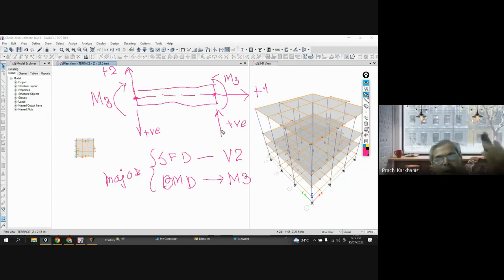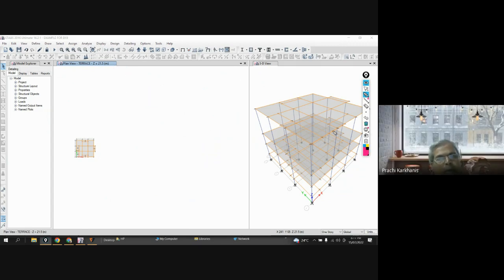Now let us draw one more figure, which I will draw from the plan. So I am drawing the plan of the beam. Then I will say that this is my beam, and this is my I end, this is my J end, and I am drawing the 1 axis like this.